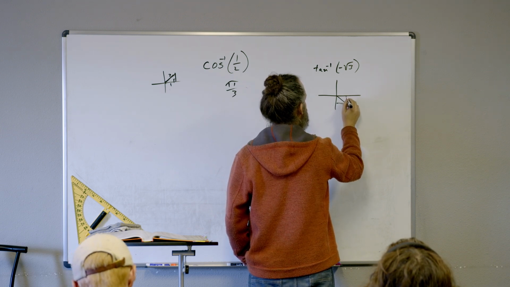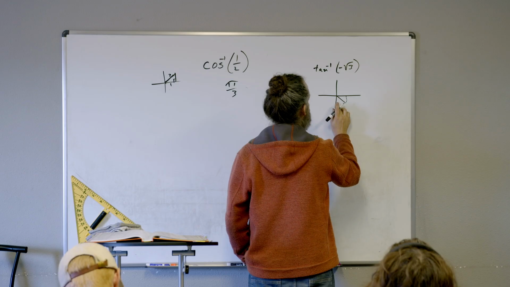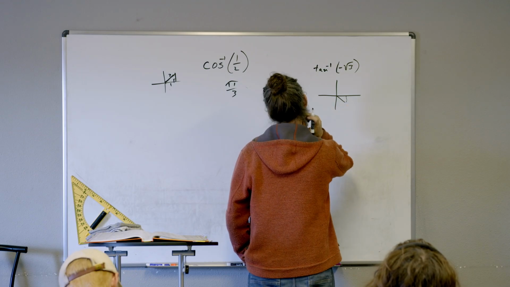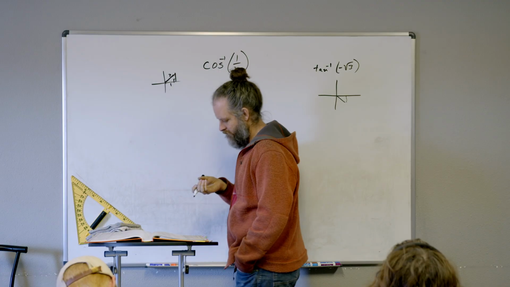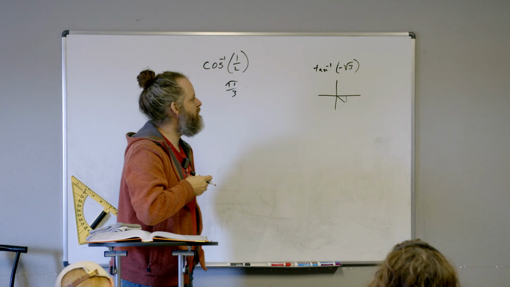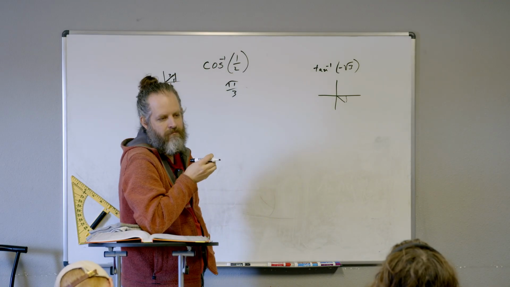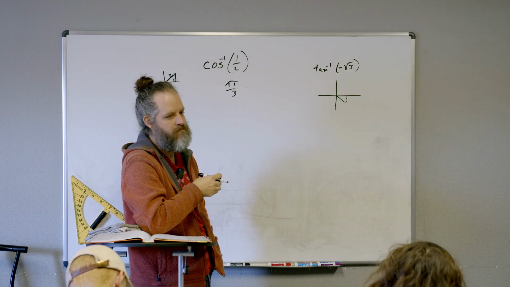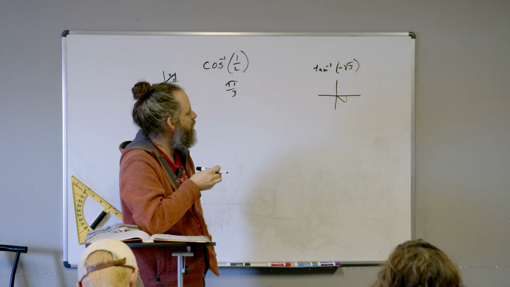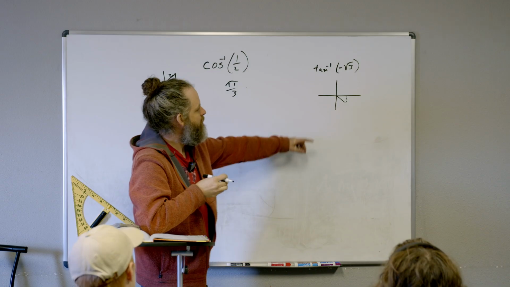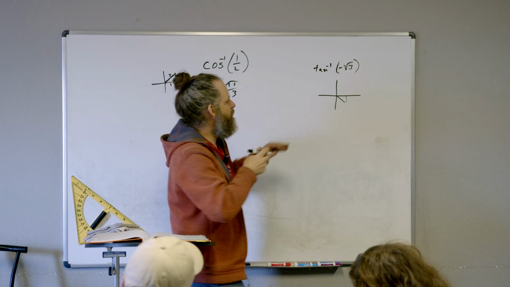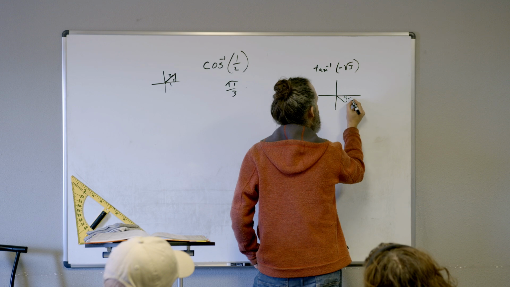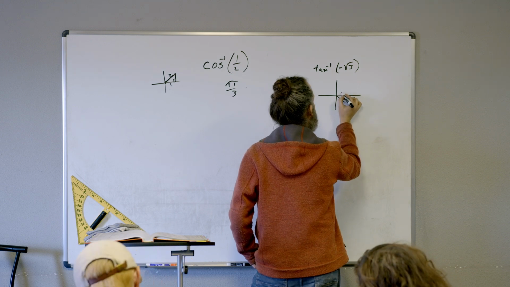Why is it in that quadrant? You tell me. Isn't that the cosine quadrant? What is tangent? And y's and x's and r's? Y over x. Negative square root of 3 over 2.